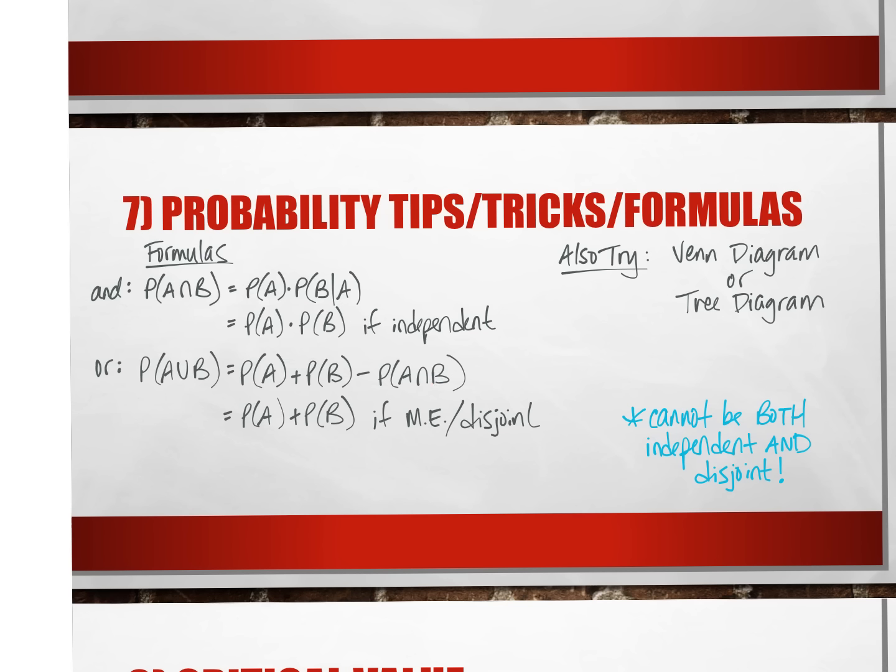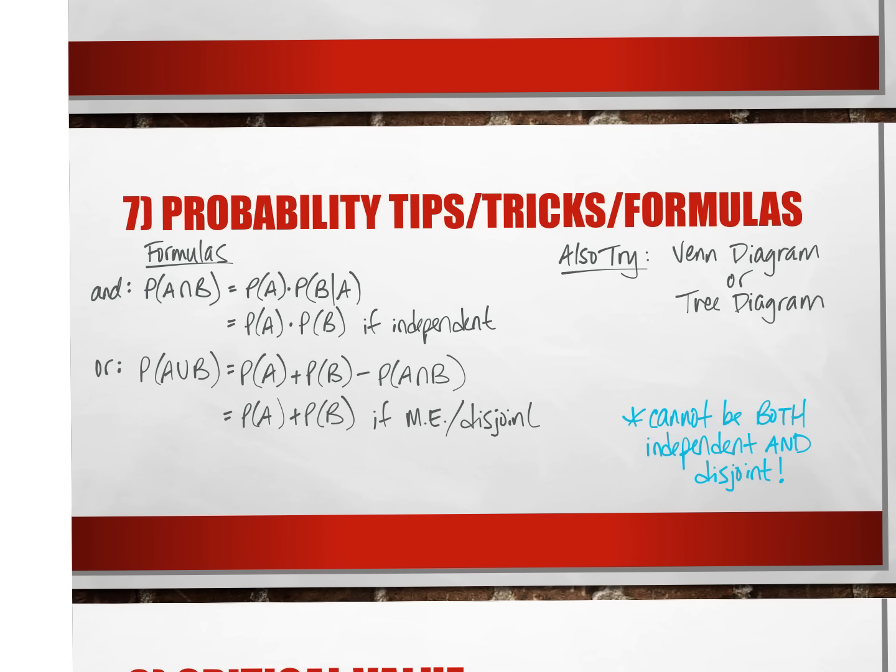One other important thing to remember about independence and disjoint is that two events cannot be both independent and disjoint. It could be neither, and it could be one or the other, but it cannot be both, meaning two events, A and B, cannot be both independent and disjoint. Why is that?